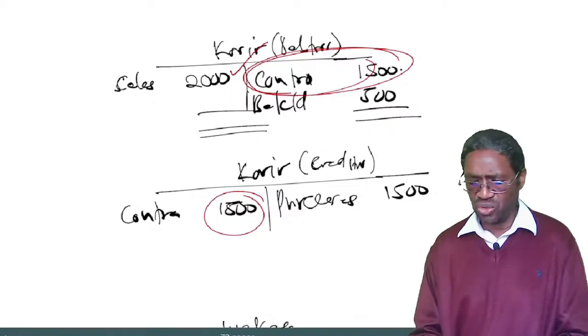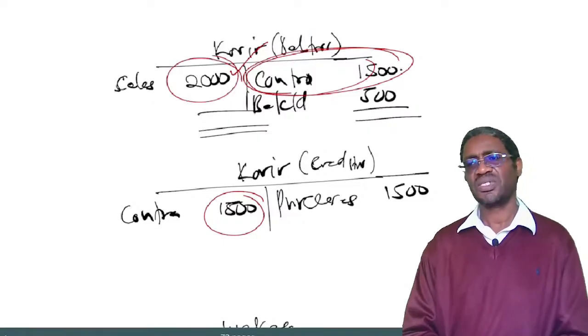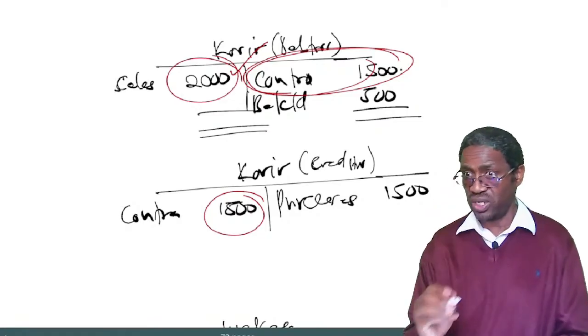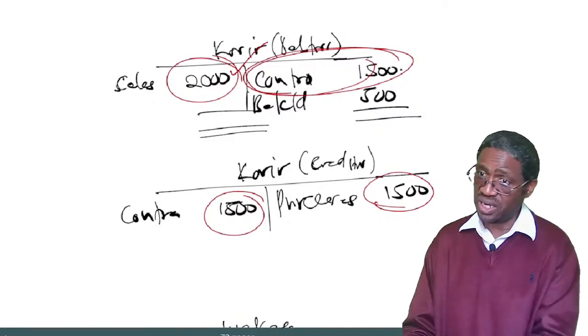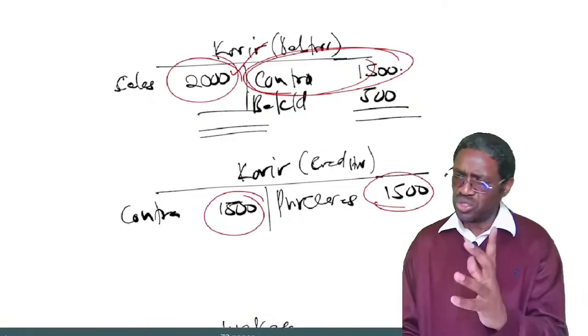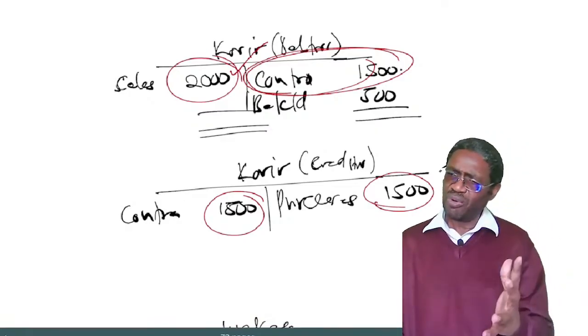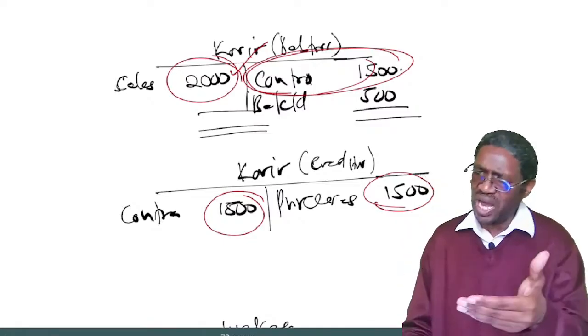We had initially sold goods to Coril for 2,000. We purchased from Coril goods worth 1,500. We credited Coril as a creditor. We debited Coril as a debtor. Then I told you, we don't have to wait for Coril to pay me 2,000, then I give him back 1,500.